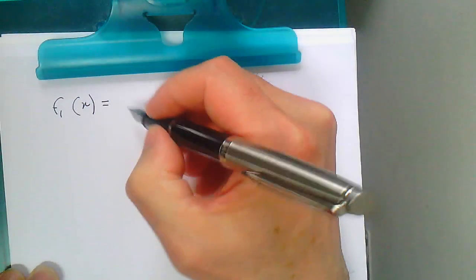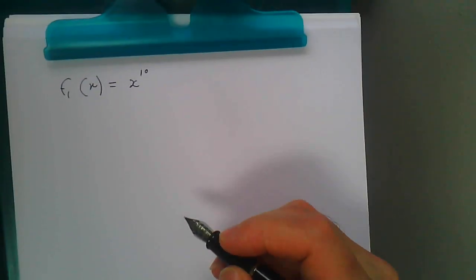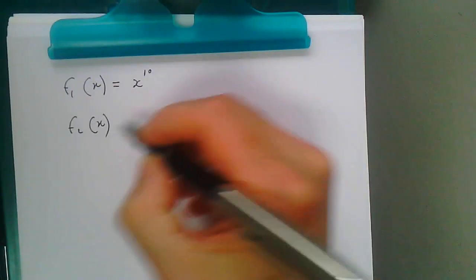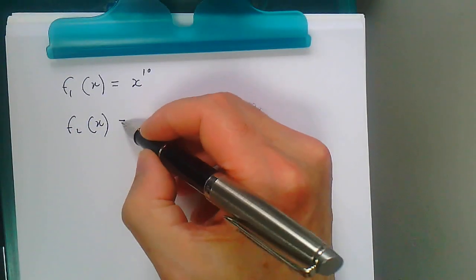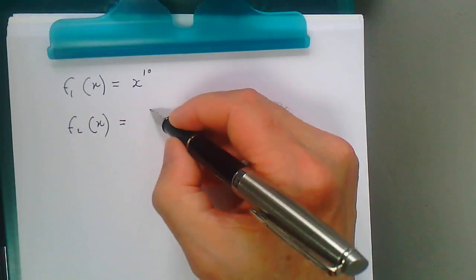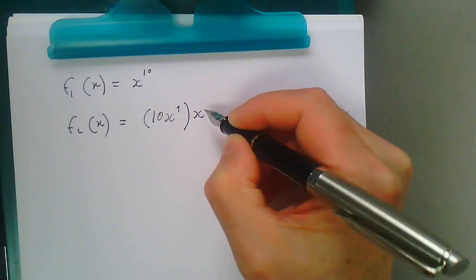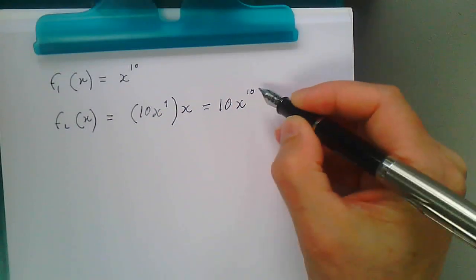The first term then is f1 of x, which is given, and it's x to the power 10. To work out f2 of x, we need to differentiate this one and multiply by x. So differentiating, we get 10x to the power 9 times x, which is 10x to the power 10.